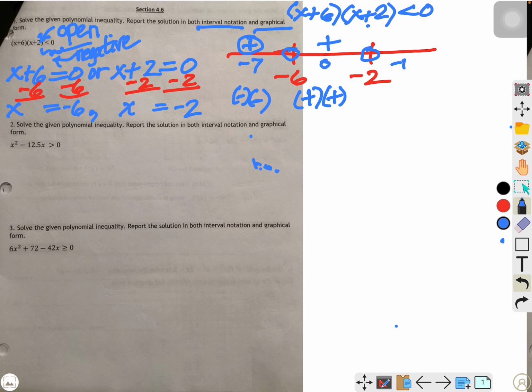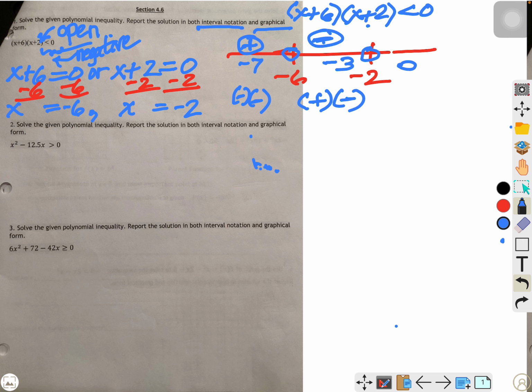And let's go back. 0 does not belong here. 0 actually belongs in this interval, and negative 3 belongs here. So plugging in a negative 3, I get a positive and a negative. Positive times a negative, the middle region is negative.